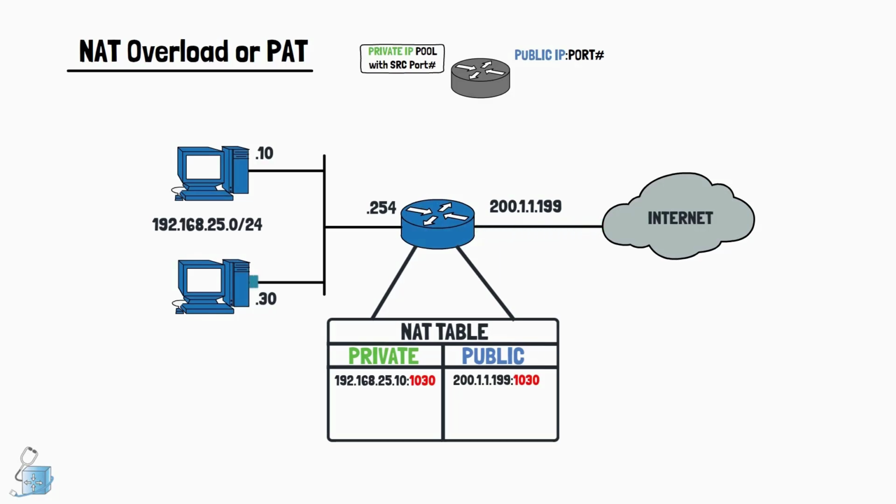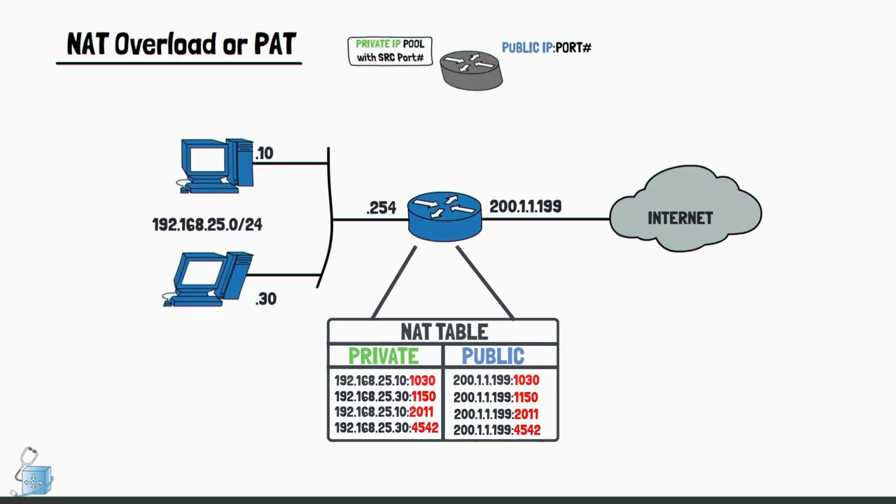This is possible because of the wide range of random source ports clients can generate for each session, making each NAT session distinguishable from the other. This type of NAT is used almost everywhere for internet access, in your homes, your office, etc., from multiple devices utilizing a single public IP address.